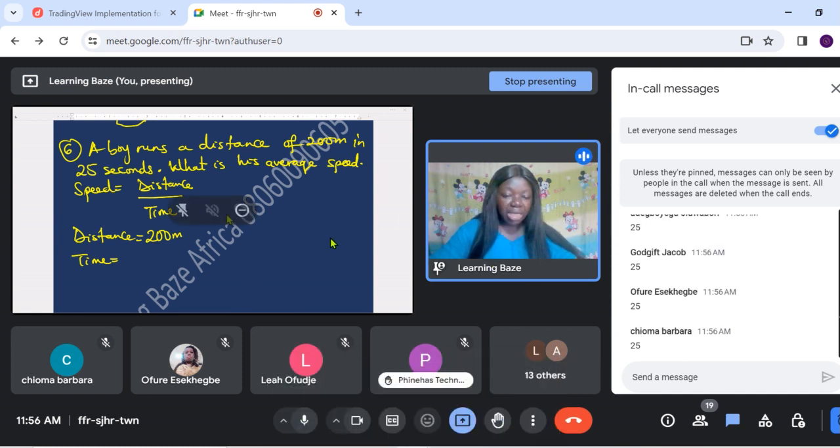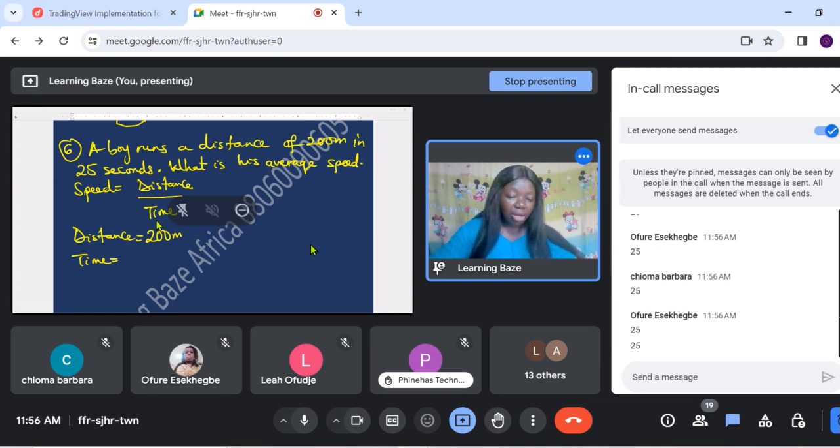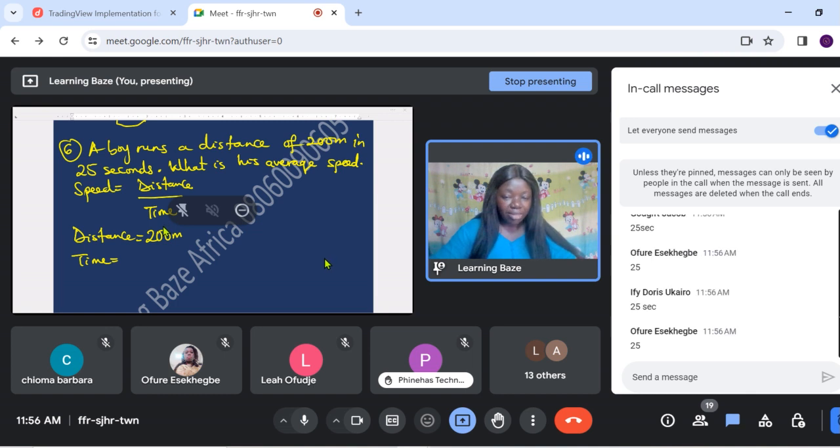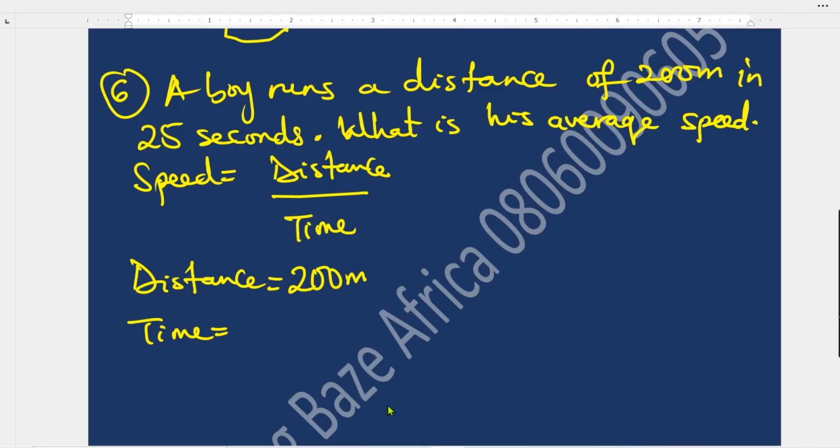Is it 25 minutes? Is it 25 hours? Is it 25 days? Is it 25 seconds? Always write the unit beside your answer. Don't just say the time is 25. What do you mean 25? Look at the question and tell me. Yes, it is 25 seconds.